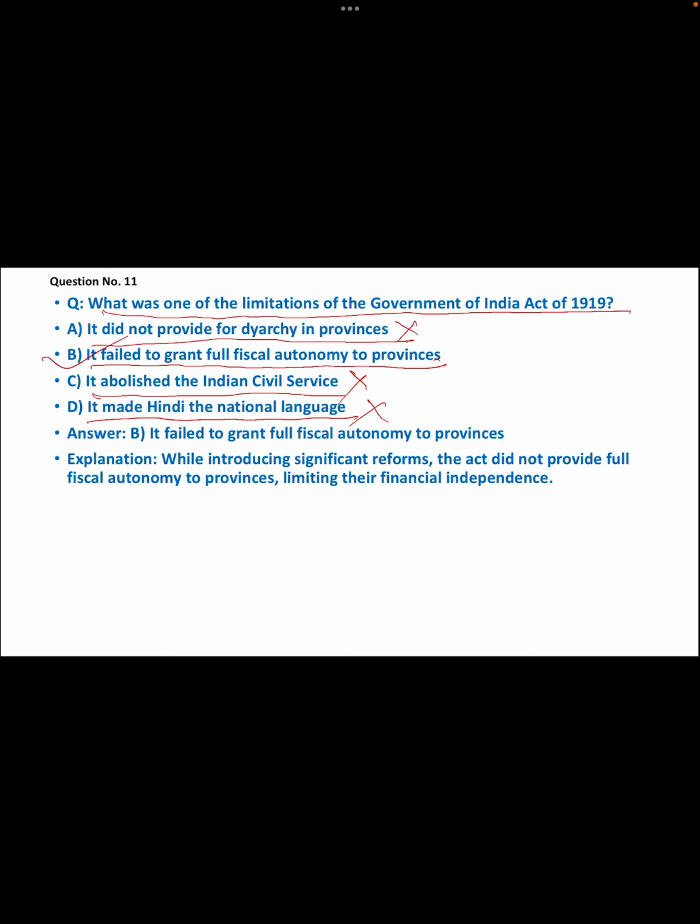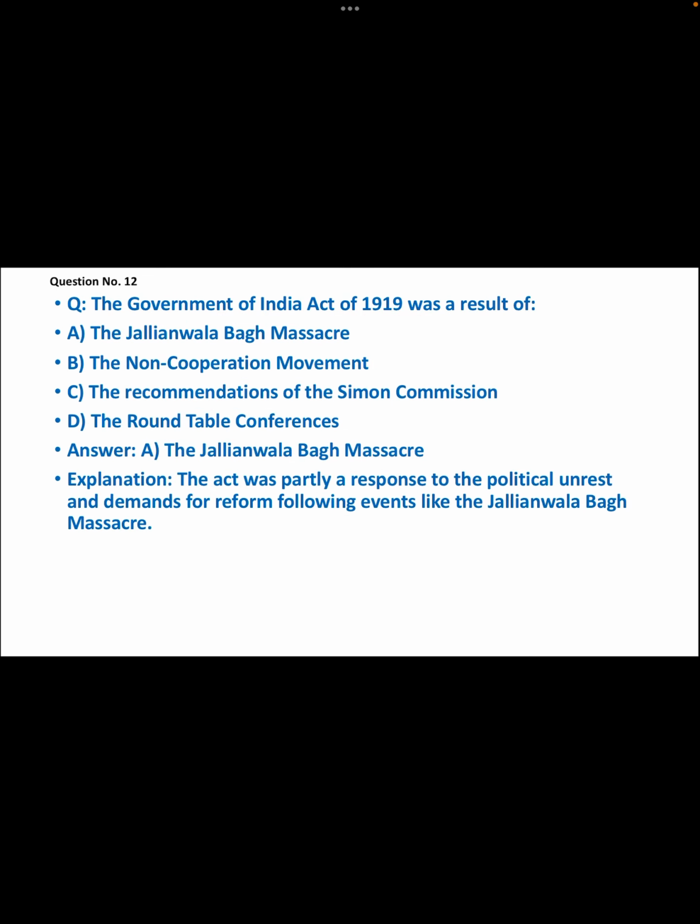The right answer is B. It failed to grant full fiscal autonomy to the provinces. So this is one of the limitations of the Government of India Act of 1919. While introducing significant reforms, the act didn't provide full fiscal autonomy to provinces, so it limited their financial independence.